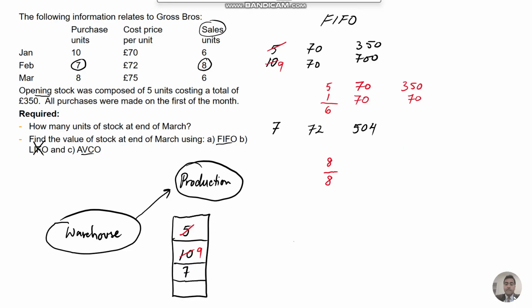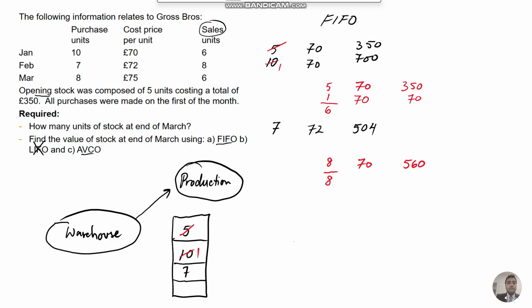And the price will be, you can see the price is 70. So I'm going to write 70 over here. 560 is the value of the sales or the issue. That means out of 9, 8 have been used, only one left. Only 1 left in the second shelf, and there are still 7 units in the third shelf.